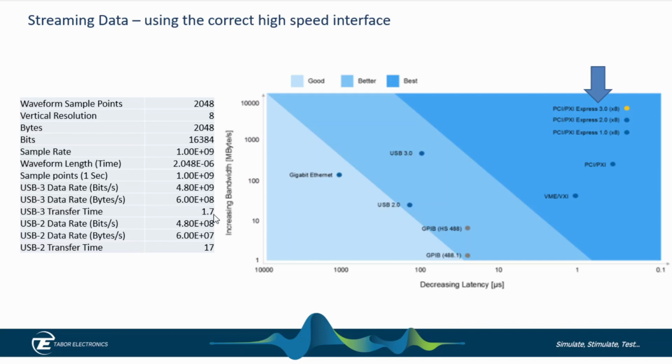And in comparison, I can show you that USB 2 takes 17 seconds. So it's significantly slower. And this chart here just shows you an example of the different types of transfer rates.